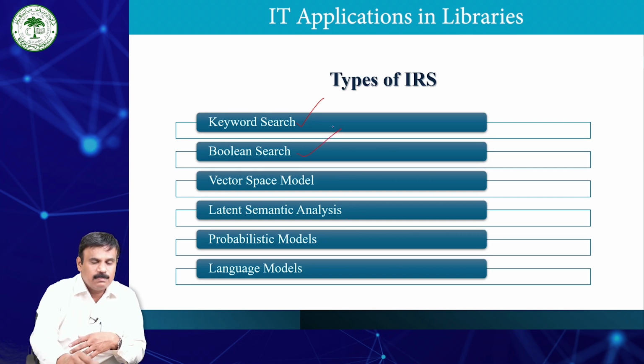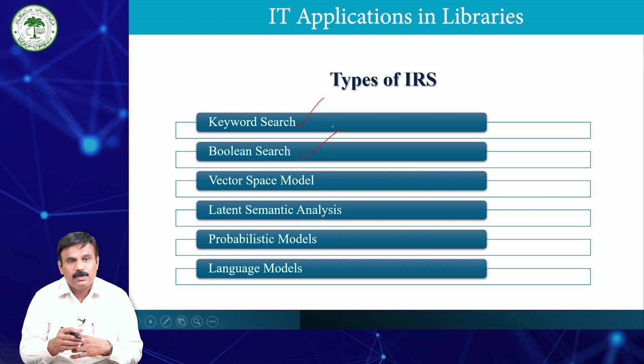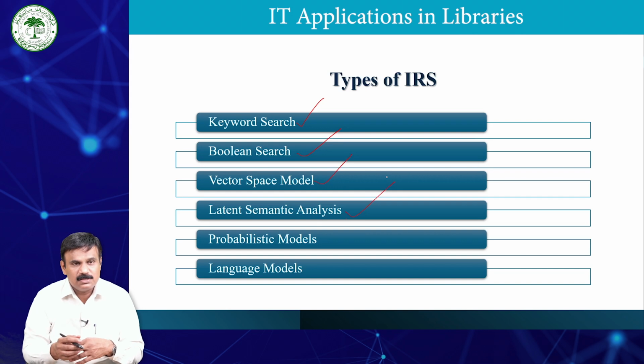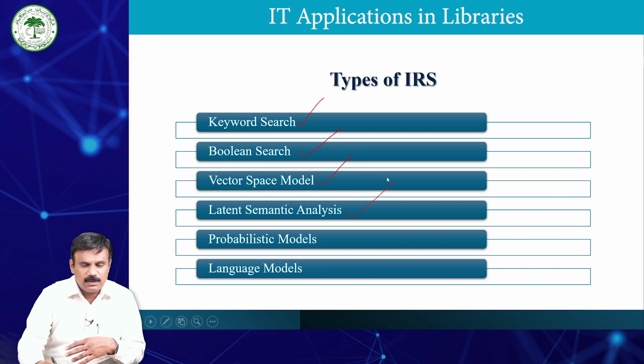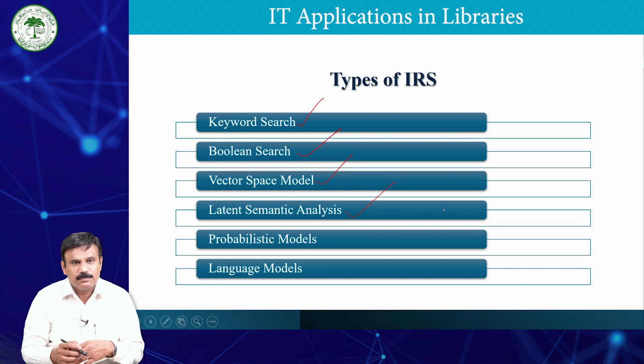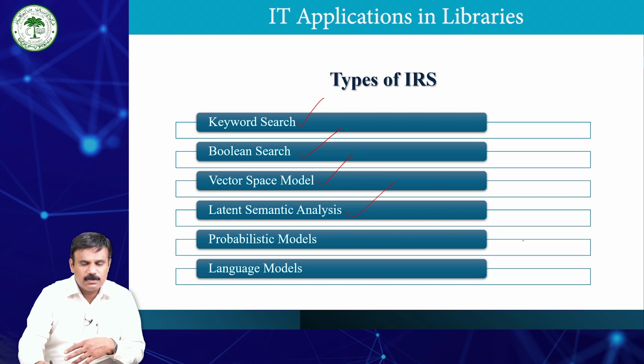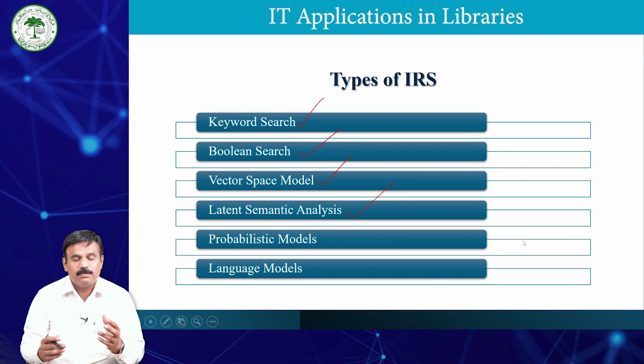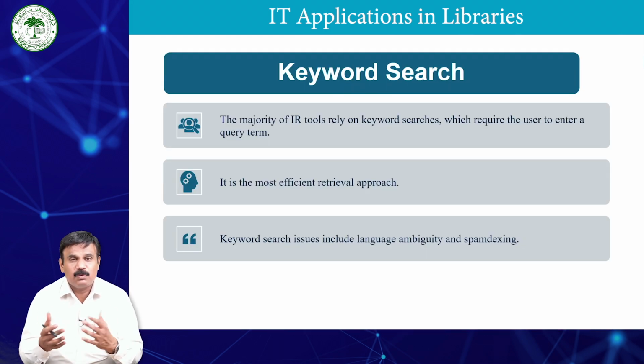Another one is a Boolean search, where we use Boolean operators for searching information. Then the vector space model, latent semantic analysis, probabilistic models, and language models. So these are the different types of IRS. Let us discuss them one by one.